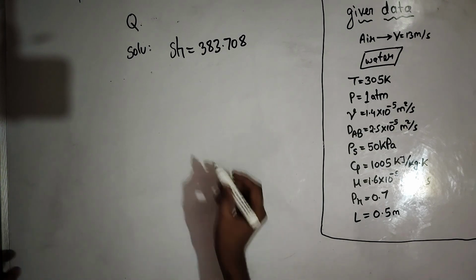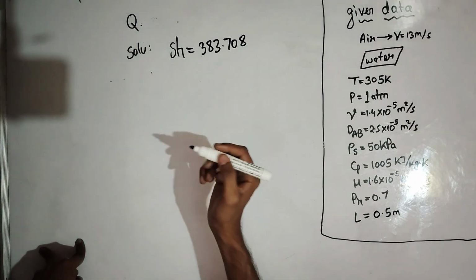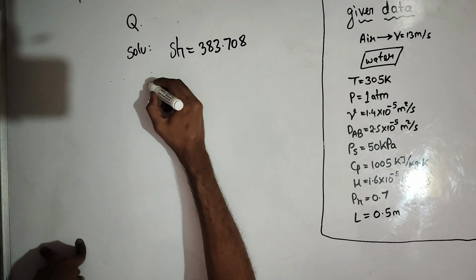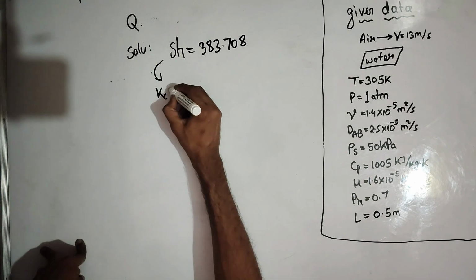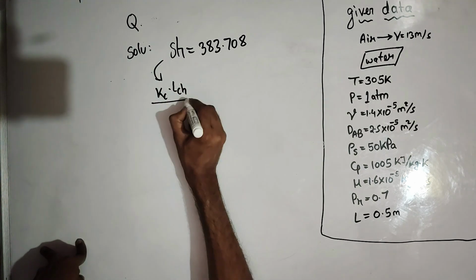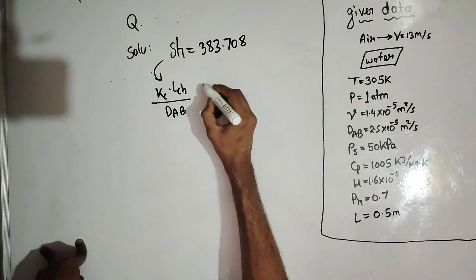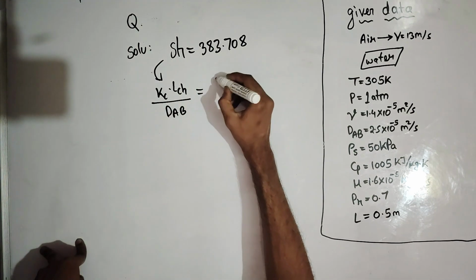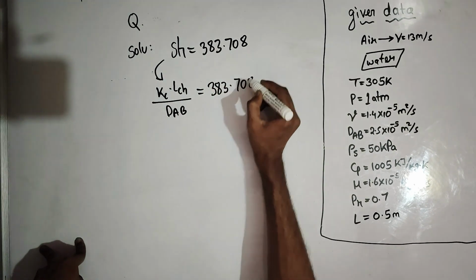So now we have calculated the Sherwood number. From the Sherwood number, we will calculate the mass transfer coefficient. So Sherwood number can be written as Kc into LCH upon DAB, and the value of Sherwood number is 383.708.